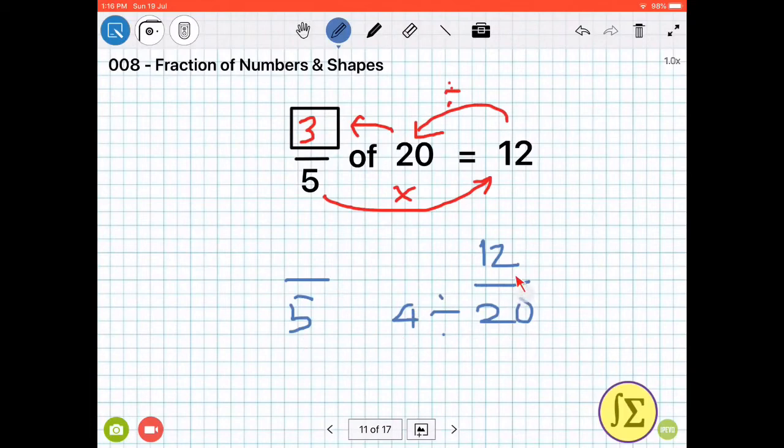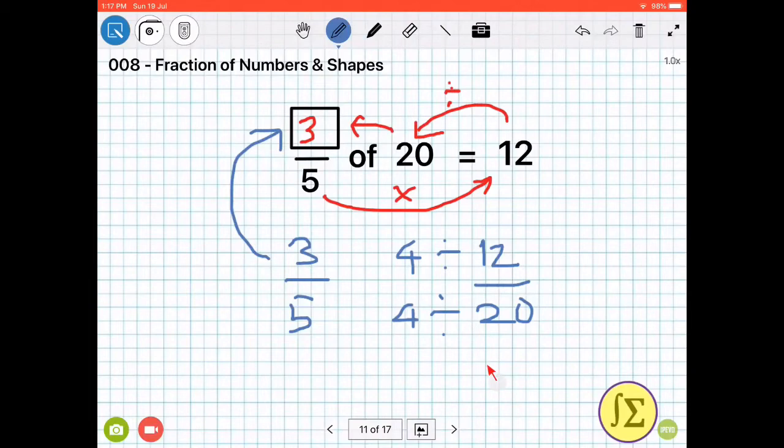So the numerator, we divide by 4 also. 12 divided by 4, you get 3. And that's the answer. Okay, so as you can see, an easier way where you don't tend to make a mistake will be to use equivalent fractions to find out your answers.